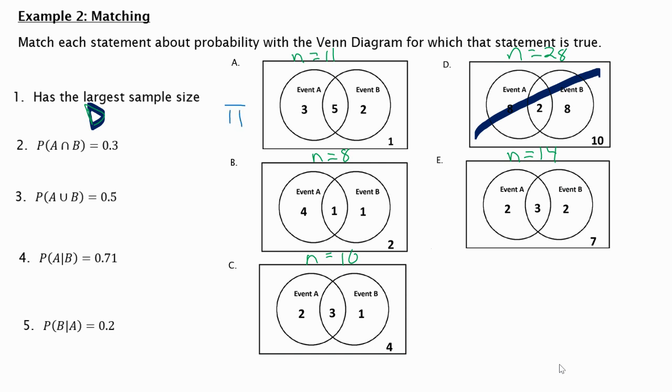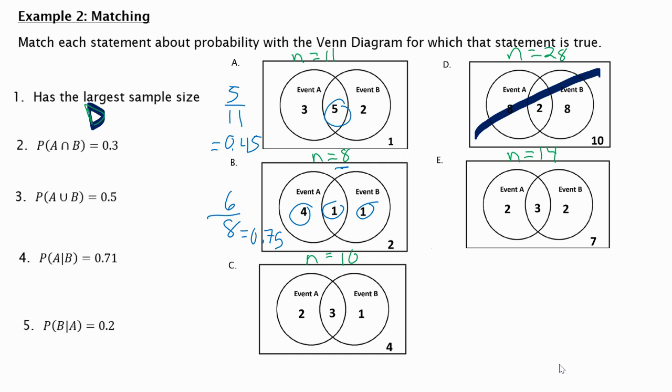For the first one, we have 11 on the bottom, 5 at the top. So 5 11ths would be 0.45. For the next one, the denominator would be 8 and the numerator would be 6, so that's 0.75.